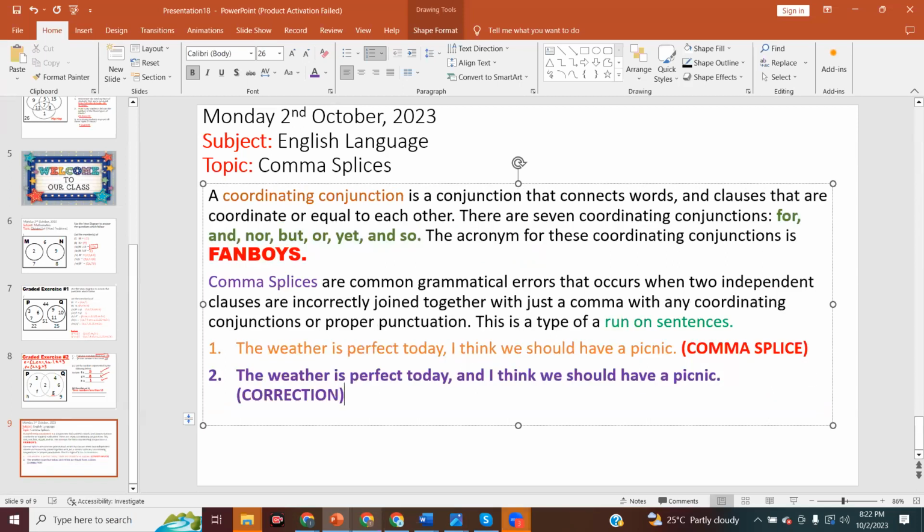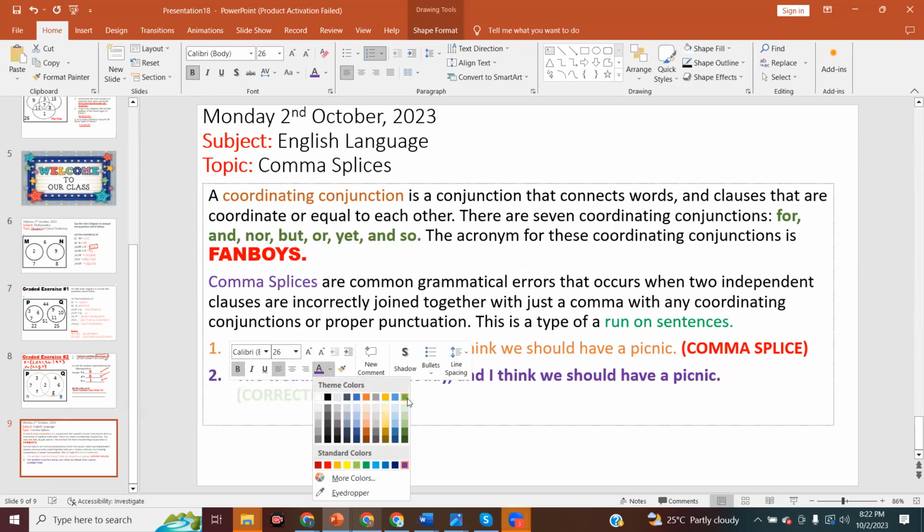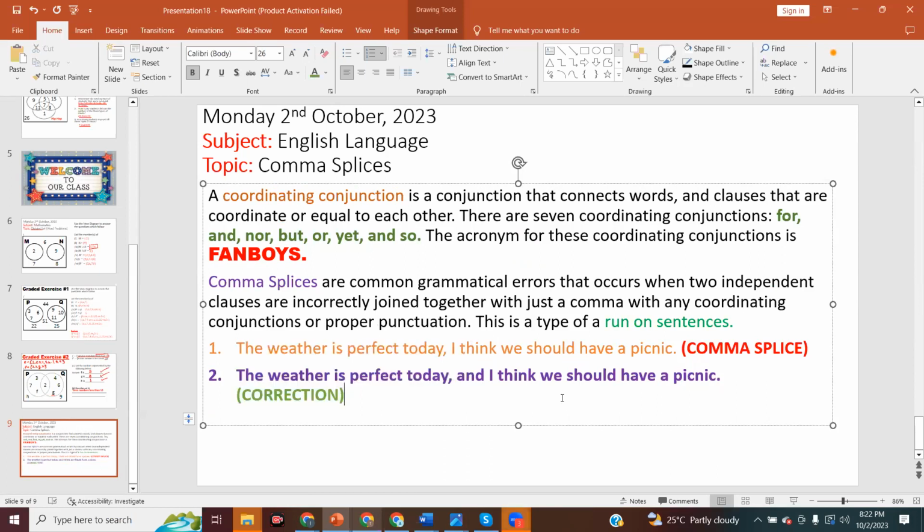All right. I don't really see any difference. You don't see the difference. All you just did was put and. That's the point. We put a coordinating conjunction. Without the coordinating conjunction, this is the rule, CJ: you cannot have two independent clauses without a coordinating conjunction.